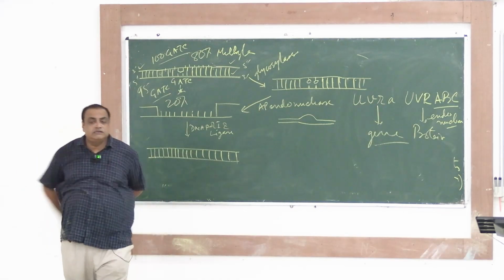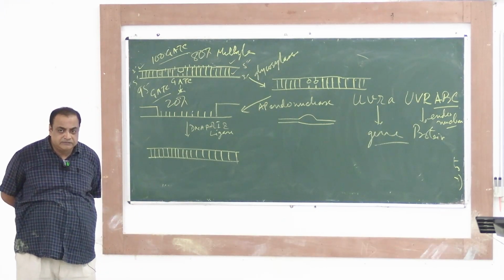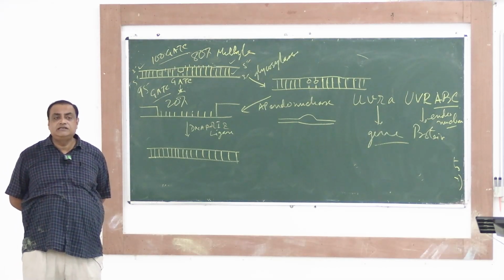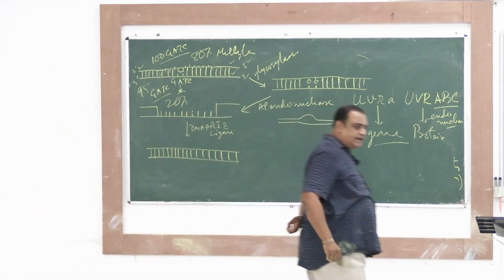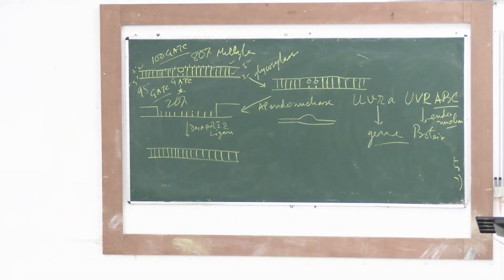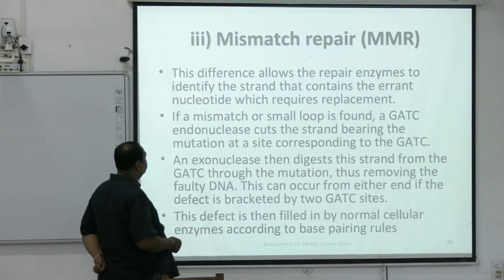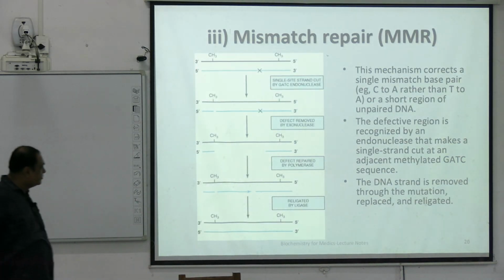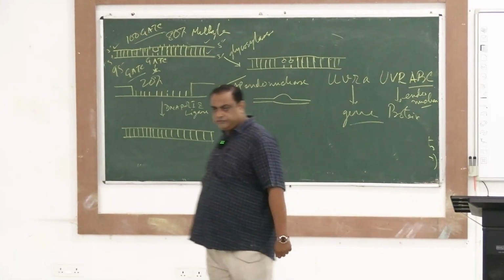That means which one is the newly synthesized DNA strand? The one with the lower number of methylated GATC, right? So this is how they scan, using the enzyme. Take a photograph of this for the flowchart.